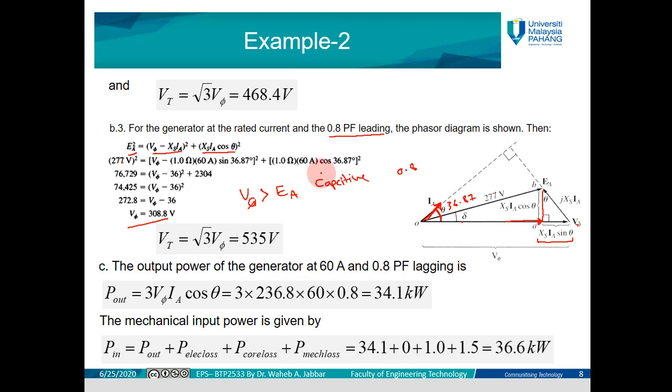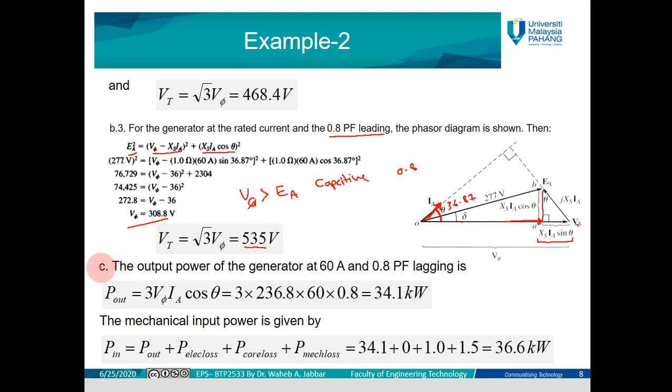Okay, so in this case we have the leading power factor, so the terminal voltage will be 535, which is also higher than the terminal voltage in the first case of the lagging and also of the unity power factor. So this is how to investigate the different impact of the power factor on the output voltage of the synchronous generator.